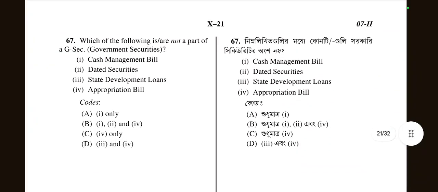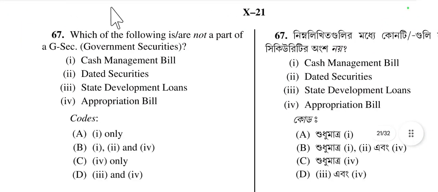Then come to question number 67. Which of the following are not a part of the government securities? First option is cash management bill. This is a type of short-term government security issued by the government of India, so it is considered a part of government securities.